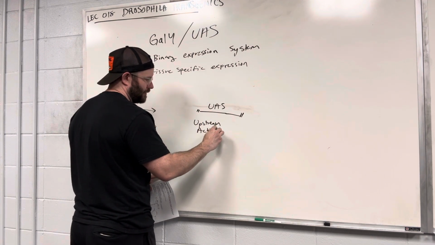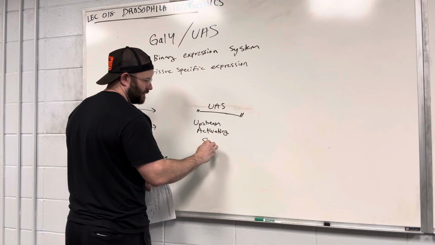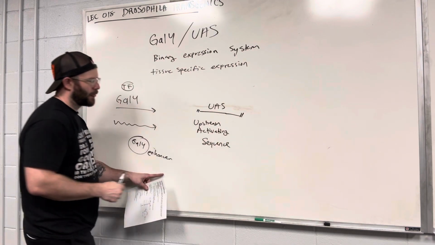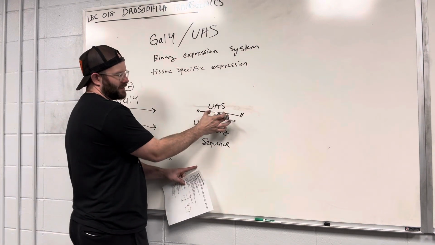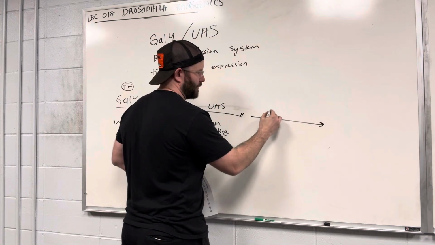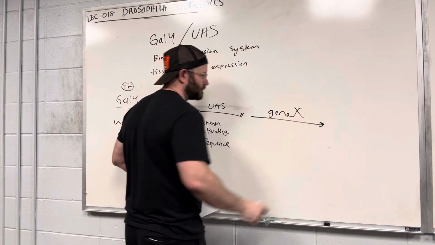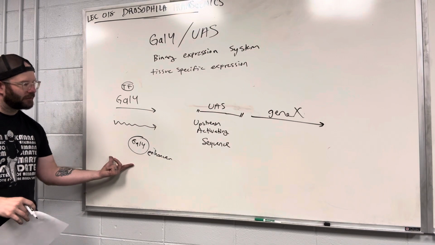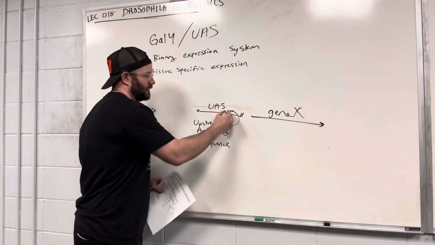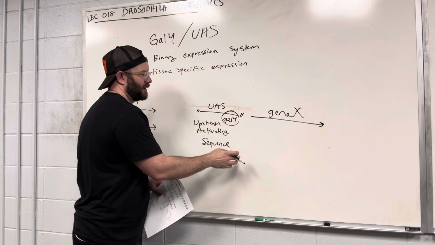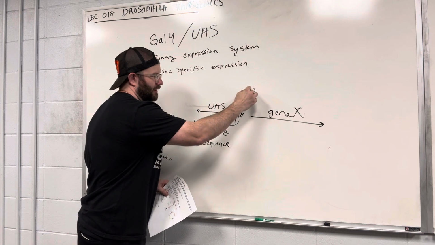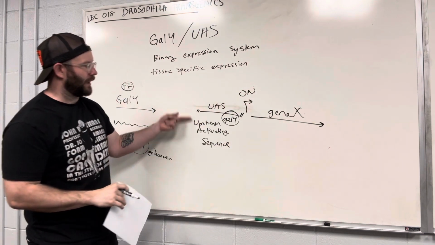activating sequence. Okay? And if you put a UAS sequence in front of some gene X, Gal4 can bind to the UAS and it can turn this gene on. Okay?